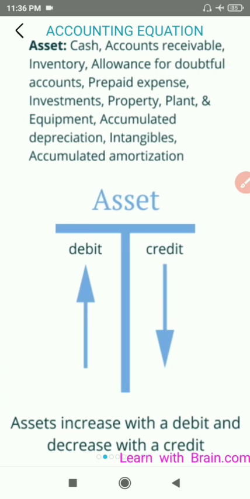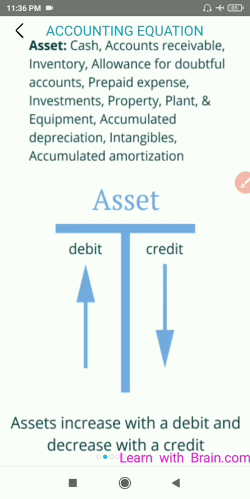Now we will discuss assets. What are the assets? Cash, accounts receivable, inventory, allowance for doubtful accounts, prepaid expenses, investments, property, plant and equipment, accumulated depreciation, intangibles, accumulated amortization.